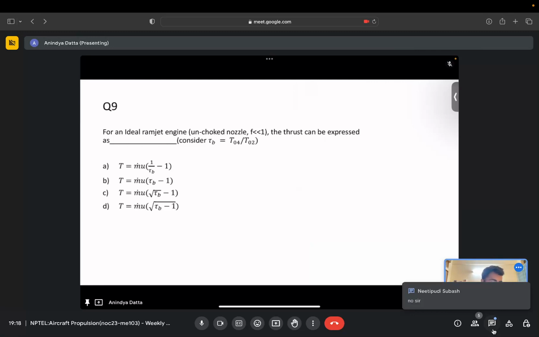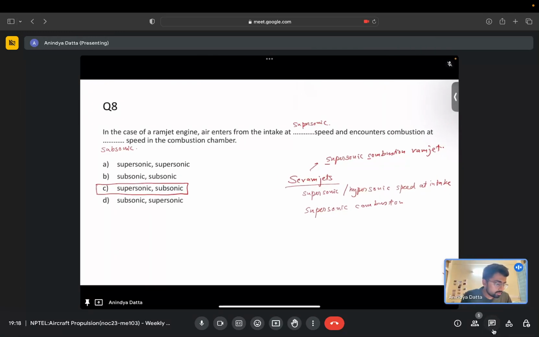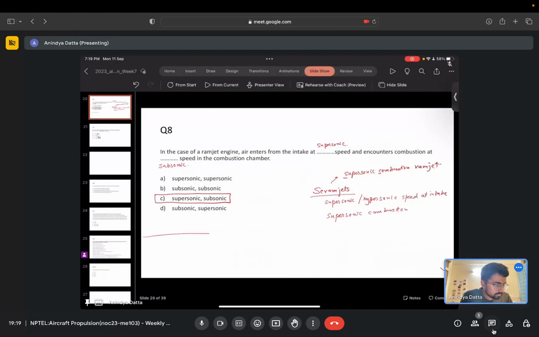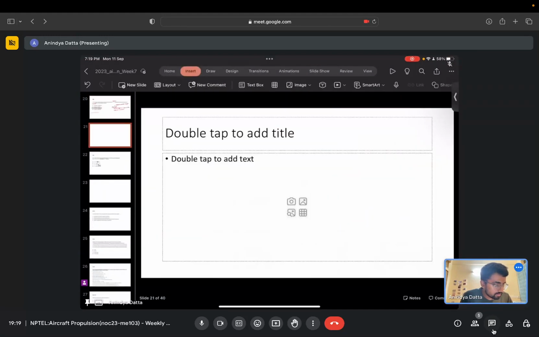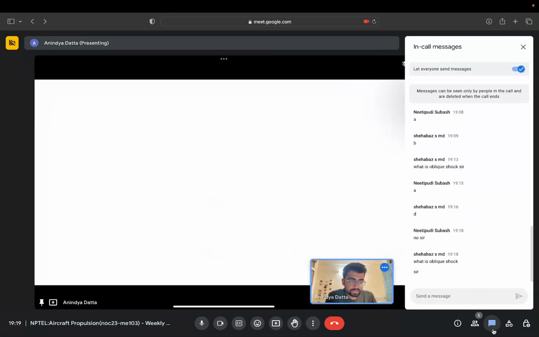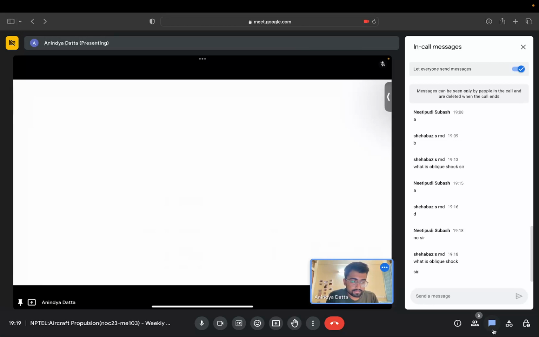Question 9: in an ideal ramjet with an unchoked nozzle and fuel air ratio less than 1... For details of the oblique shock, you have to take a gas dynamics course. You know about normal shock.